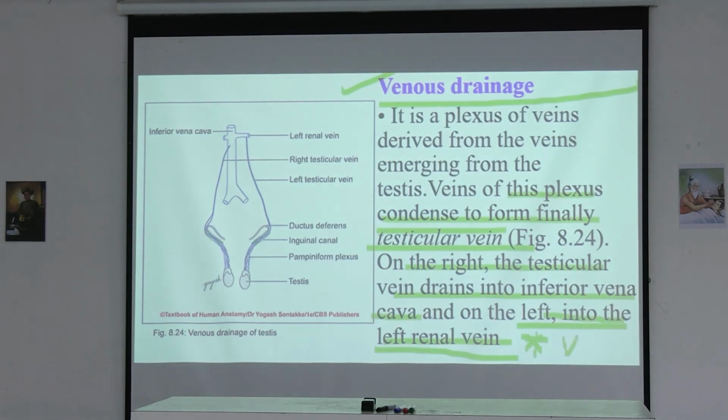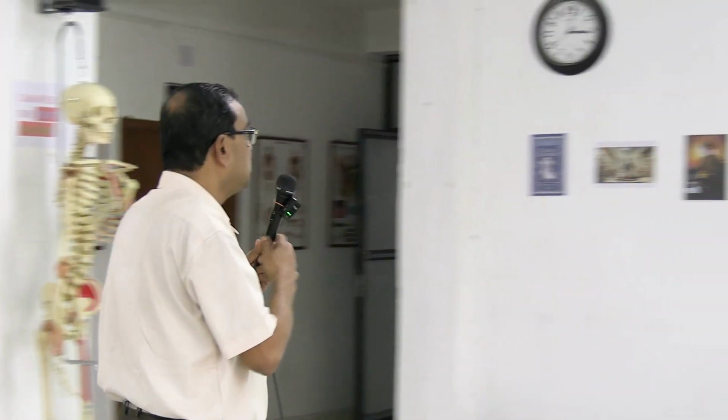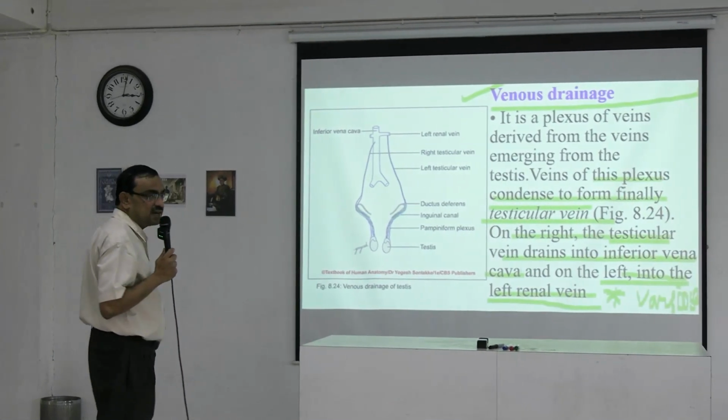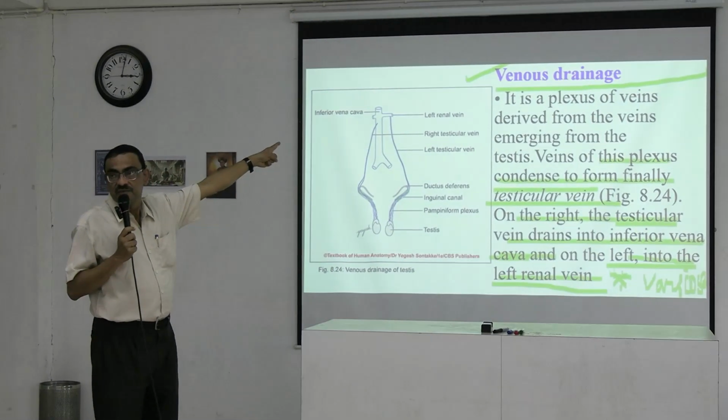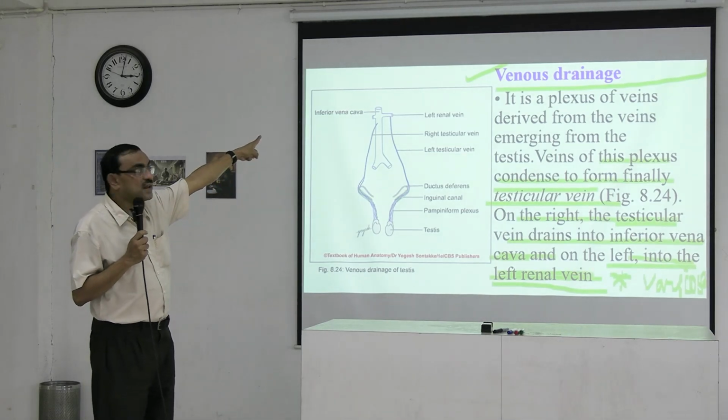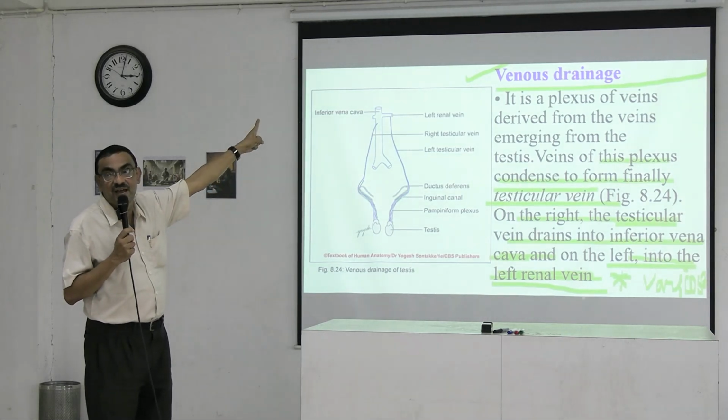When it is entering into the deep ring, they are 2 in number, and they join at any level within the abdomen and form the testicular vein. On the right side, it drains into the inferior vena cava, and on the left side, it drains into the left renal vein. In the left renal vein, another vein will drain.